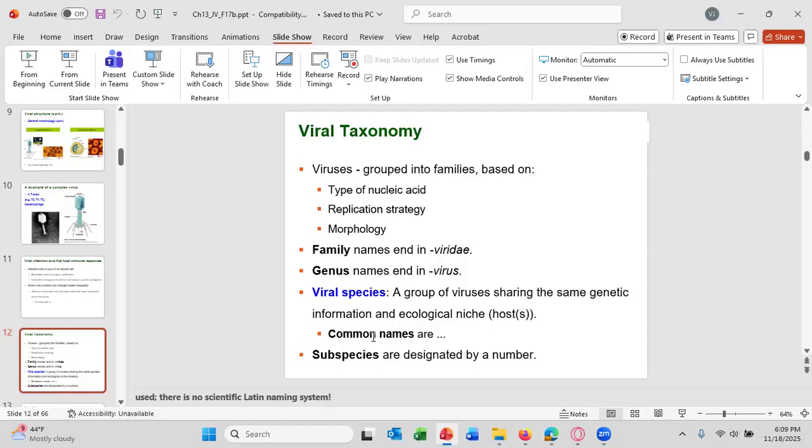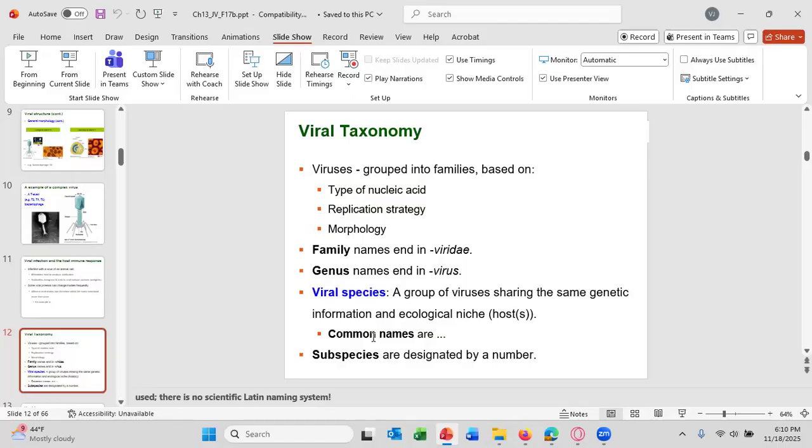The other people who studied viruses, the French and the Germans largely, but other groups as well, just use the common English names. I don't know if that makes you happy or not, but you don't need to know any Latin naming taxonomy for viruses because they're all using the common English name. Any question about any of that?